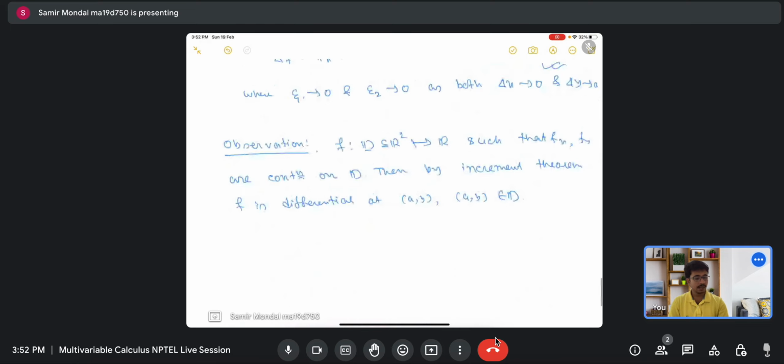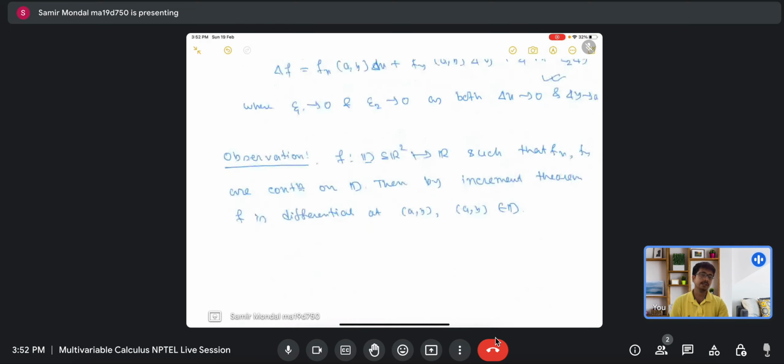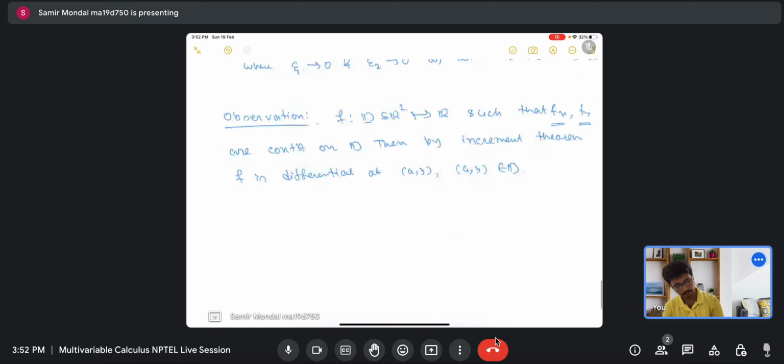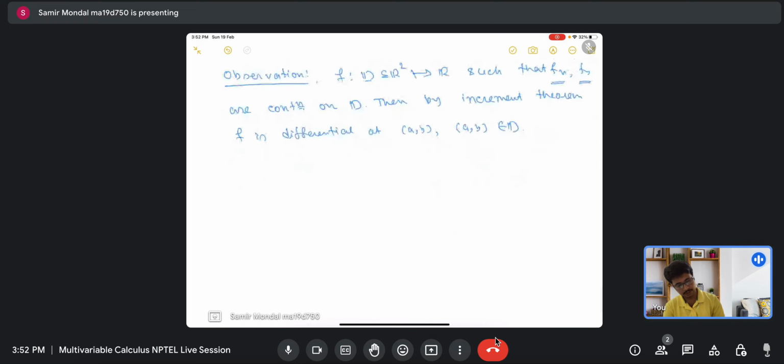So one can ask, is there any function for which both partial derivatives are not continuous? Can we relax one of these conditions? This is a strong condition, that both partial derivatives are continuous. Can we relax this condition?